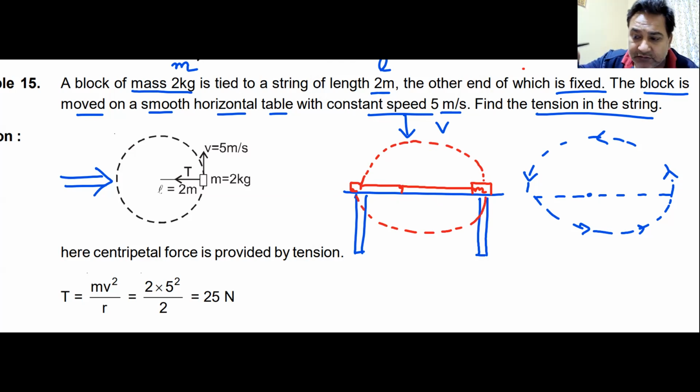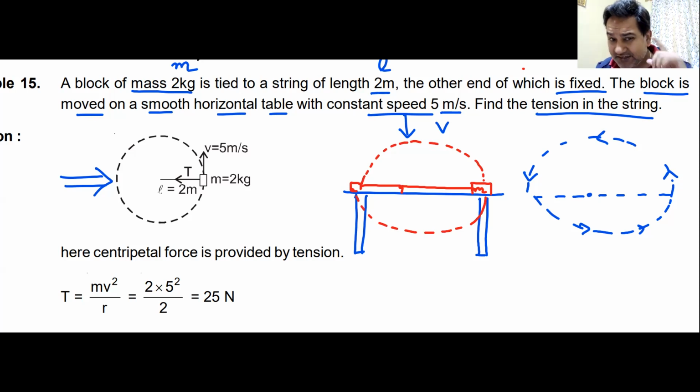Into the plane, turning inside the plane, then coming out, then going inside, then coming out. So this is how this motion is happening. Now why is it easier to understand it in this way?